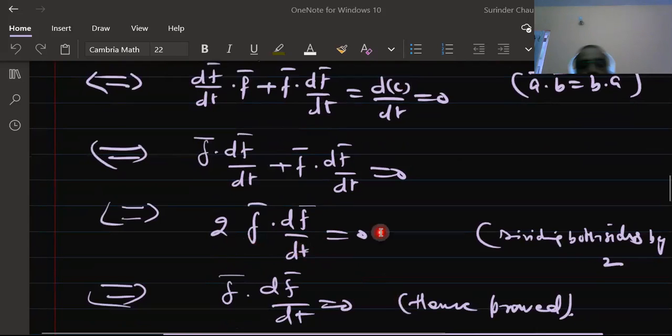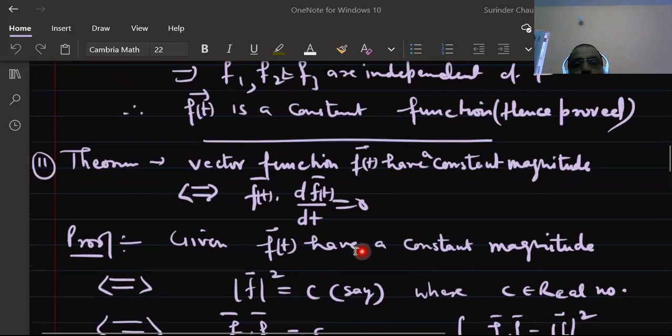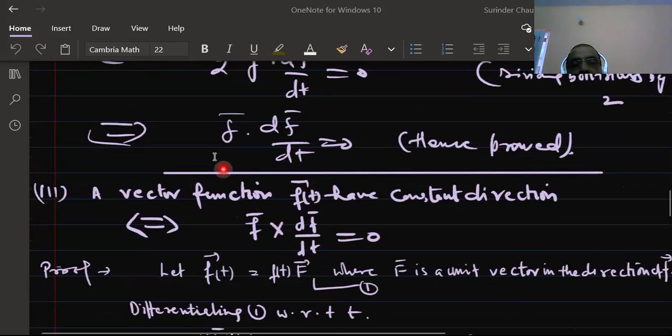Dividing by 2, we get f vector dot df vector by dt is equal to 0. So if f has a constant magnitude, then f dot df/dt is equal to 0.